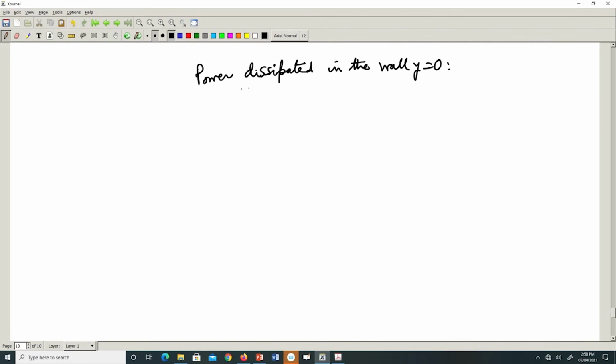y equal to 0, we find that the only tangential component of the magnetic field which is present at y equal to 0, that is the xz plane, is hz.